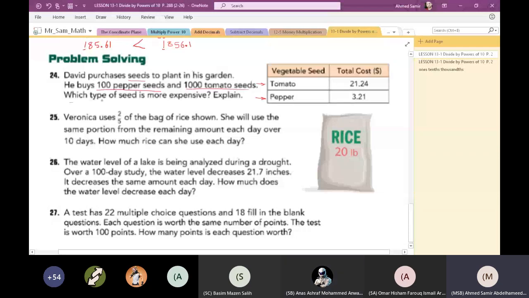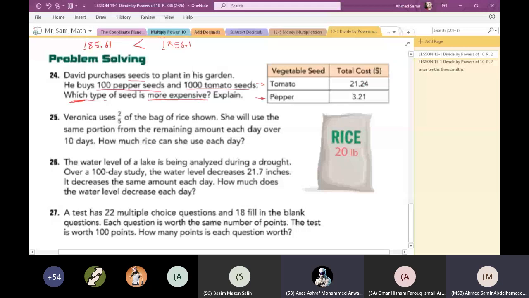Here we're comparing which type of seeds is more expensive. So we have the tomatoes for $21.24 and the pepper for $3.21.